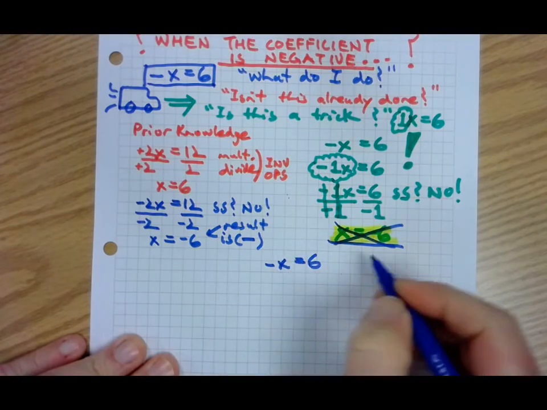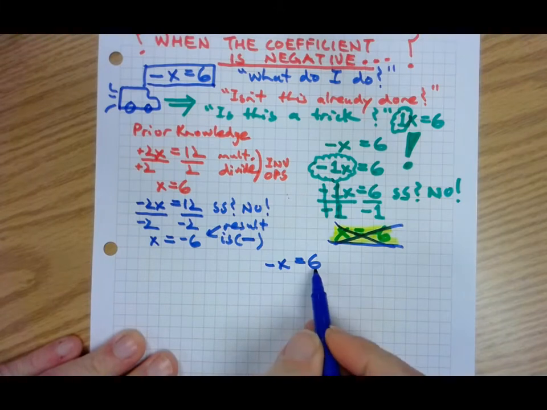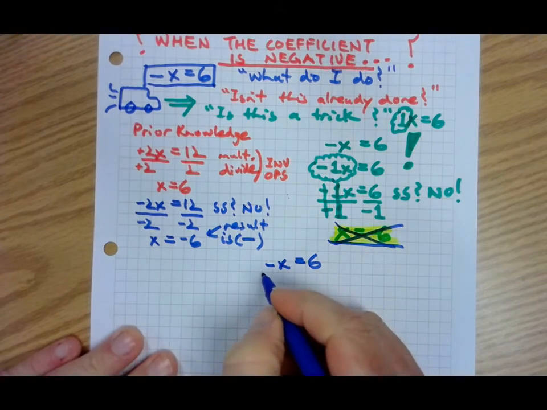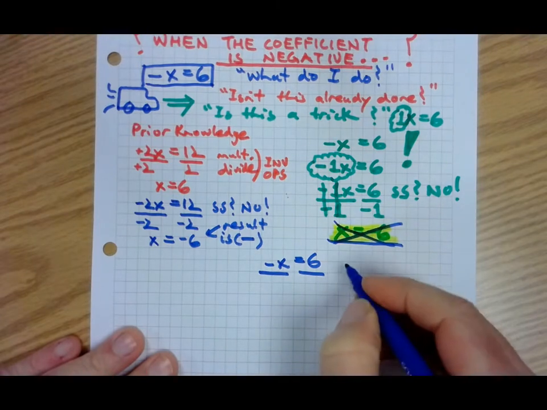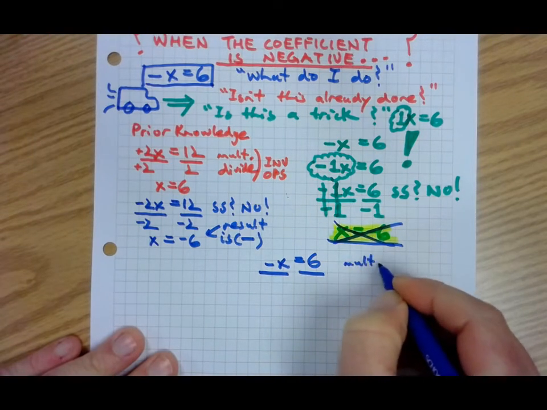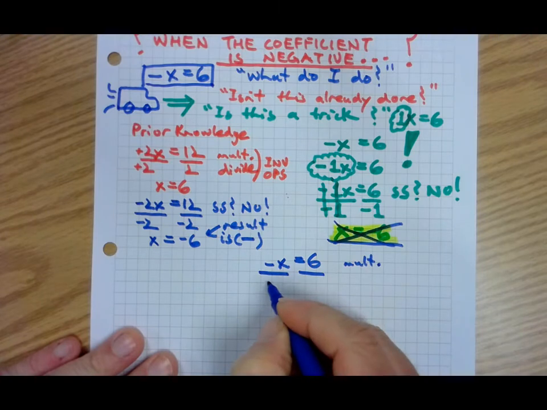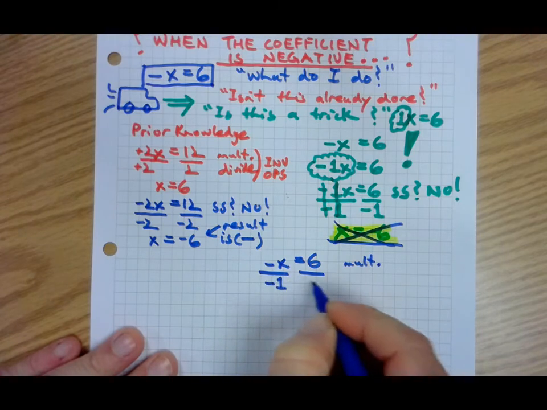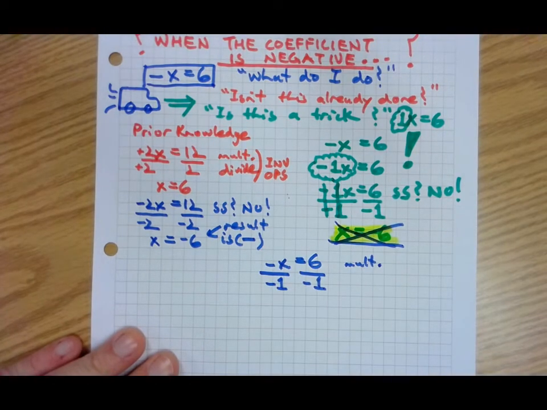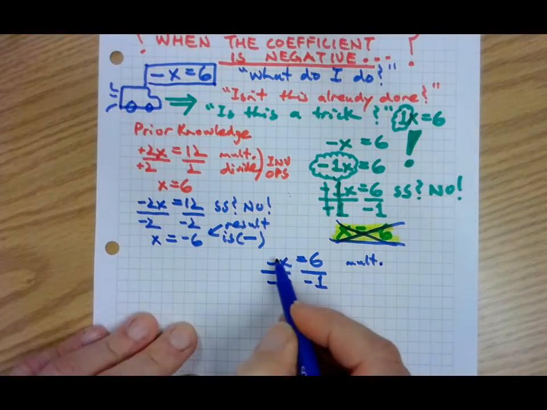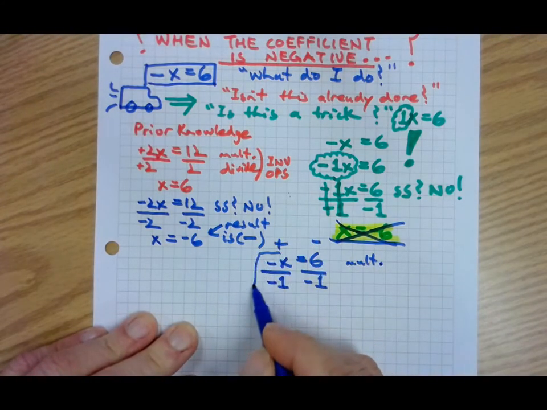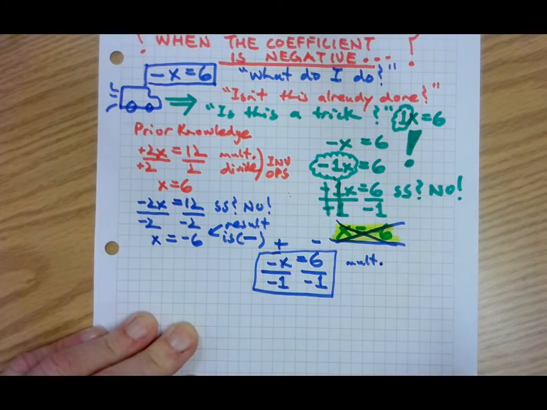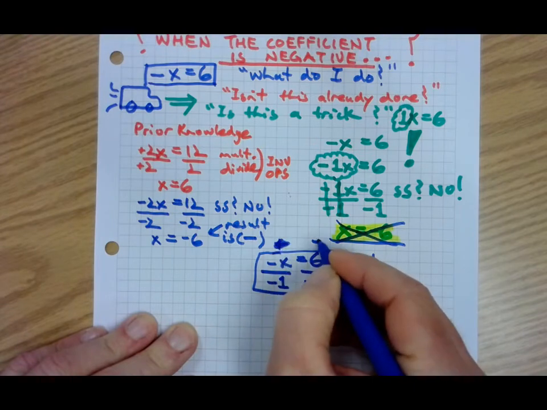So, negative x equals 6. Divide both sides by the coefficient. Because this is multiplying, you may not realize that. Divide by -1. And let's see what the visual result is. Here we have a positive and a negative. We divide both sides by -1, which turns us into, oh wait, I had that all backwards.